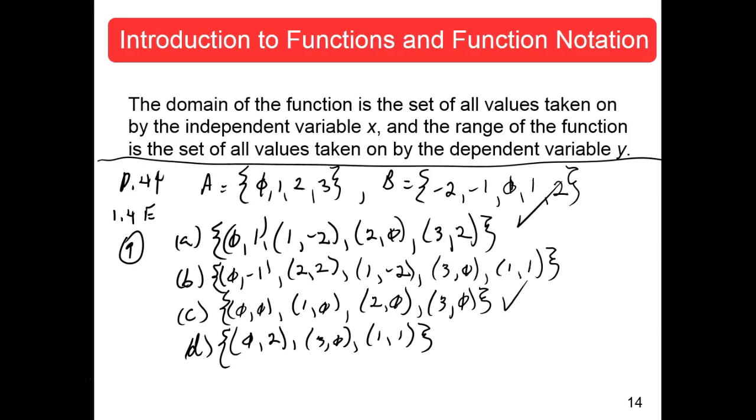Turn back to page 35, bottom of the page, characteristics of a function from set A to set B. The first characteristic: each element in A must be matched with an element in B. And we don't have 2 matched with an element from B. Some elements from B may not be matched with A. Yeah, that's fine. 2 or more elements in A may be matched with the same element in B. Yes, we saw that.